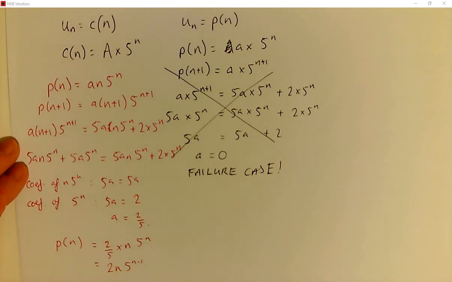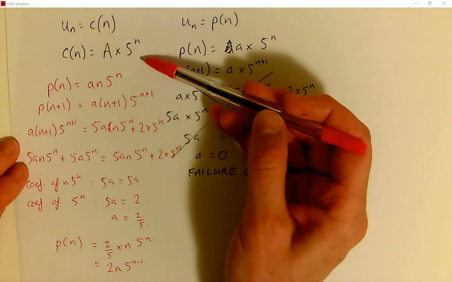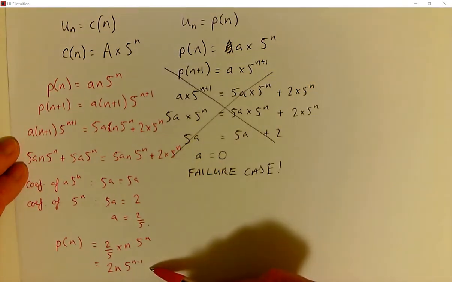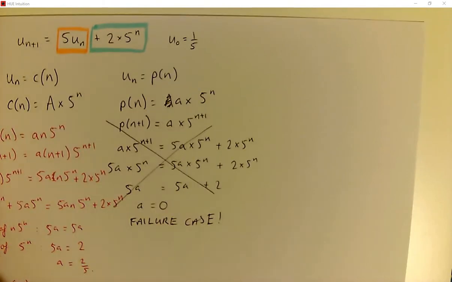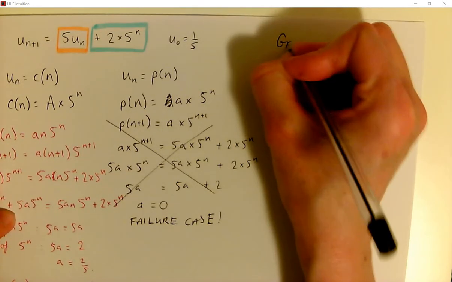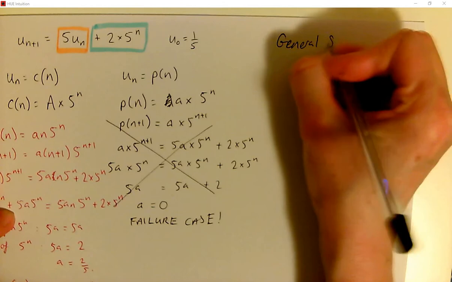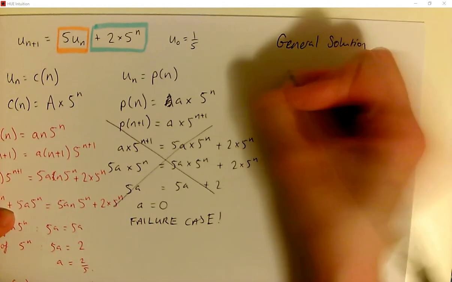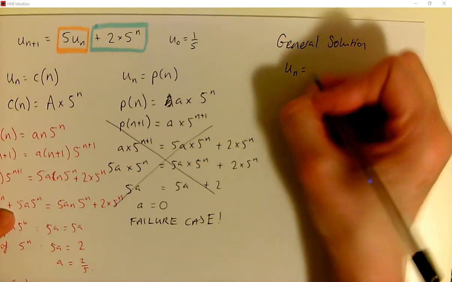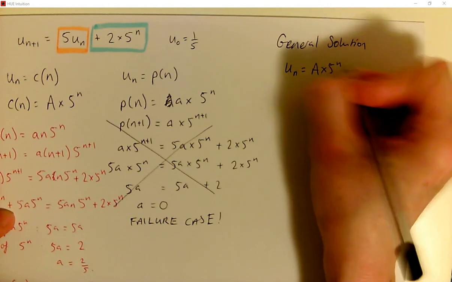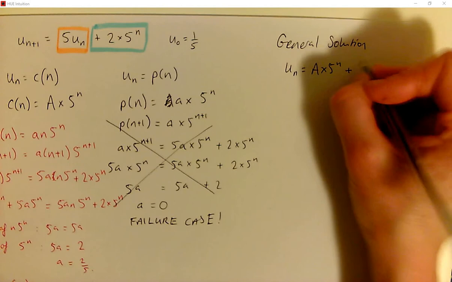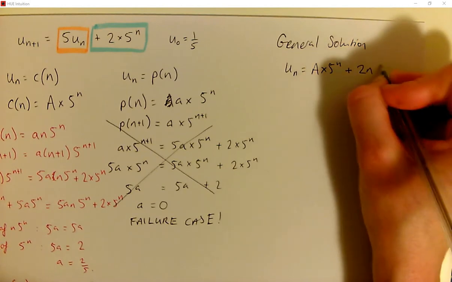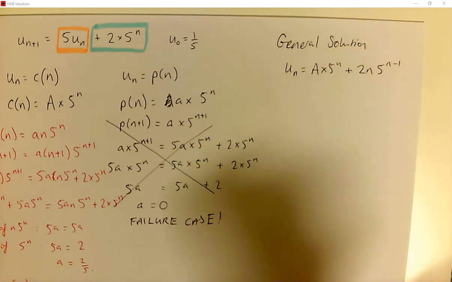Okay, so now we can combine our complementary function and our particular solution to get our general solution. So the complementary function, a times 5 to the n, and then our particular solution is 2n times 5 to the n minus 1.